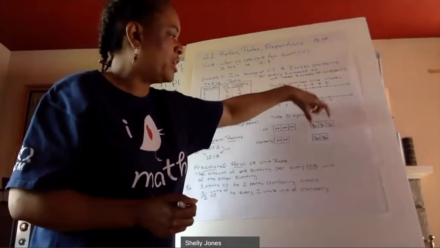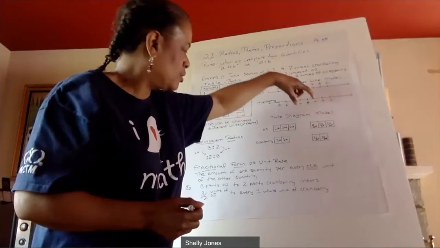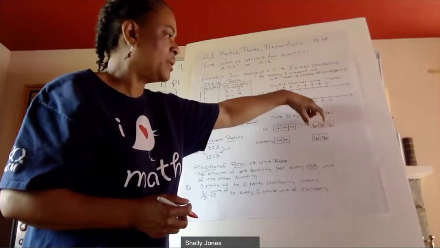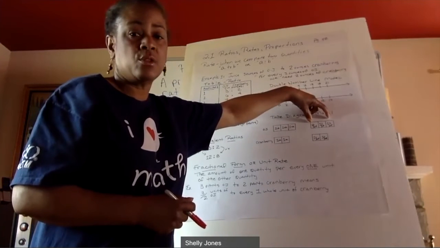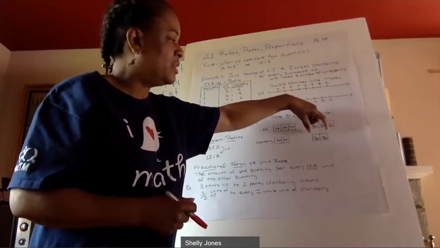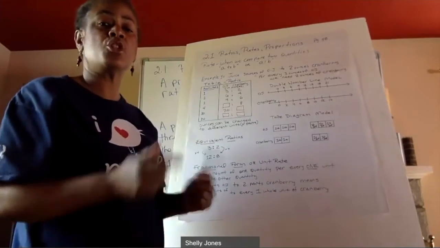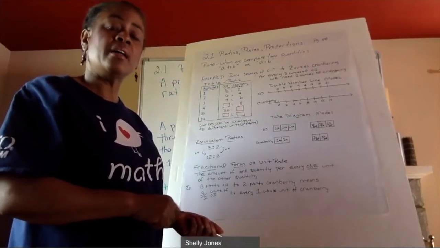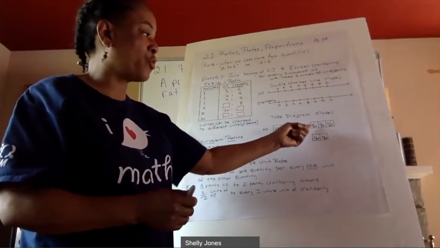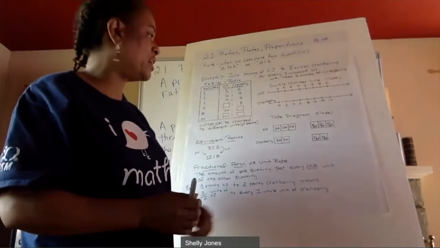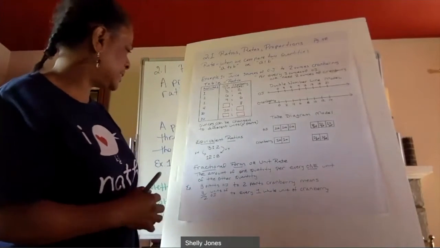For every 3 gallons of OJ, I need 2. So this is 3 times 10, and this is 2 times 10. I can change the units to gallons, as long as it's always 3 to 2. In this case, I had 3 10-gallon jugs of OJ and 2 10-gallon jugs of cranberry. Okay, let's see what else.